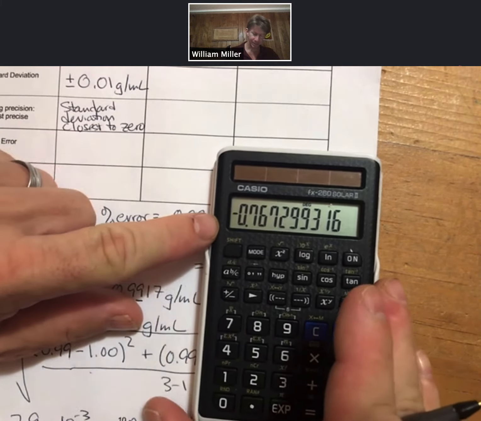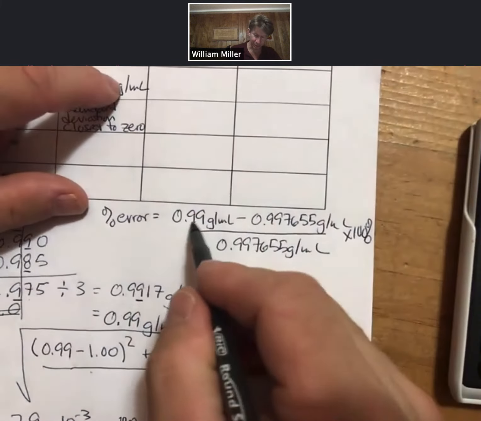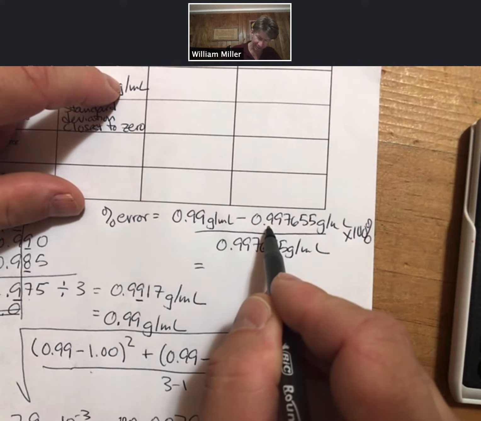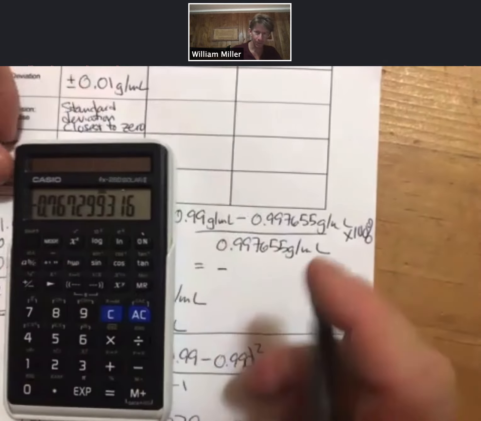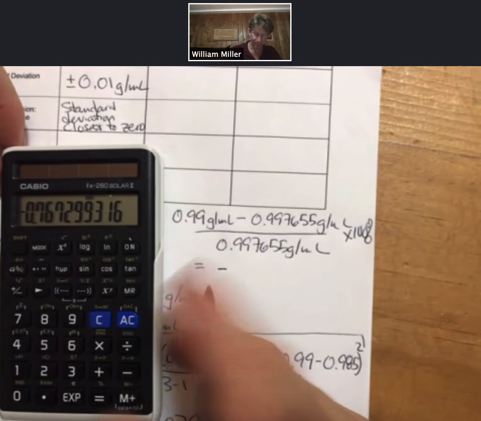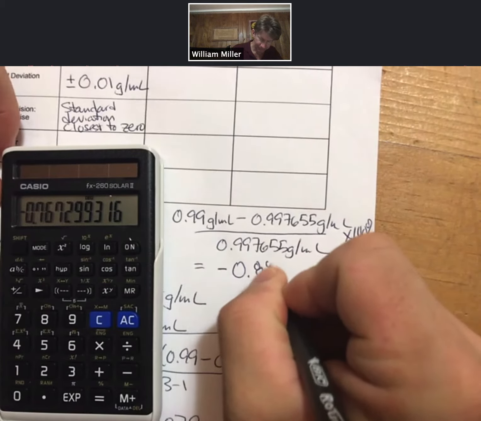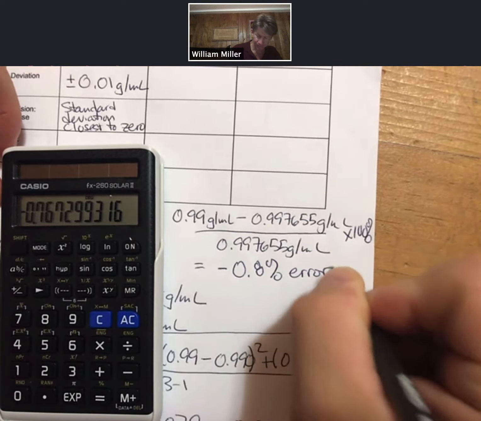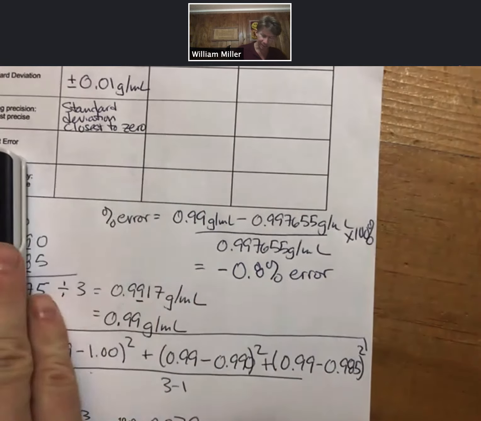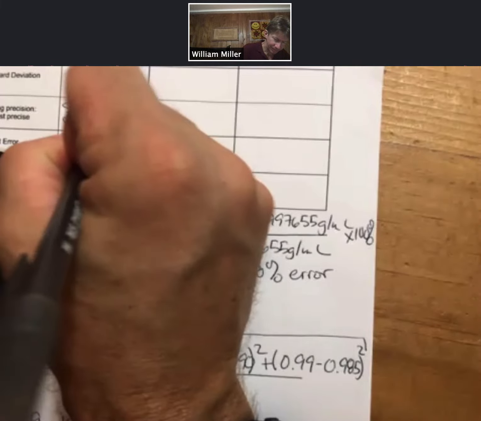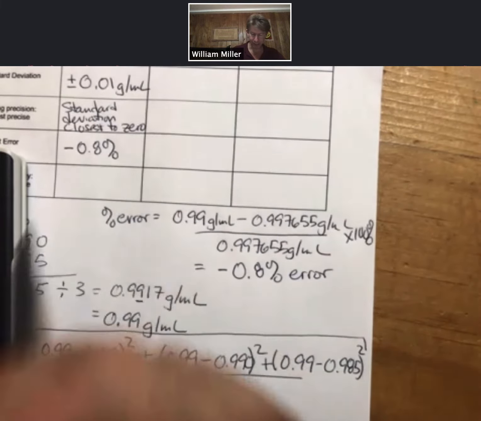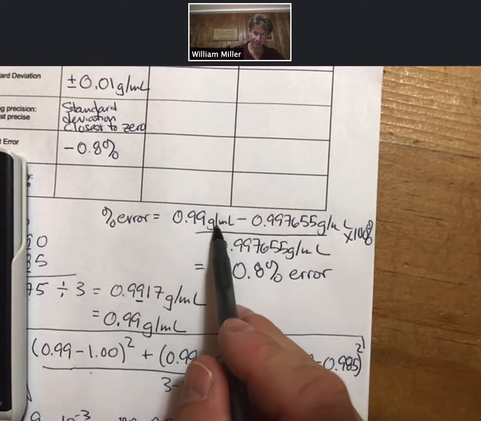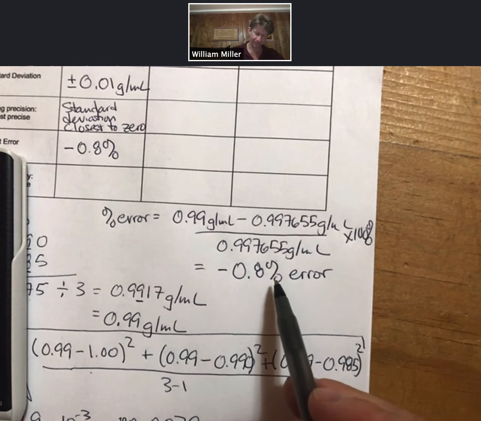And I get, so this will leave me with just one sig fig, a negative 0.8% error. And my percent error goes in here. The only units on percent error are percent, because you can see that our grams per milliliter cancel out.